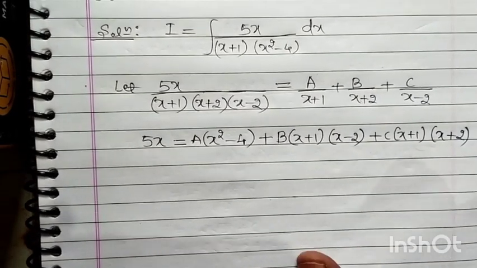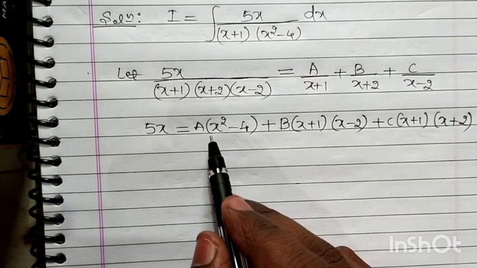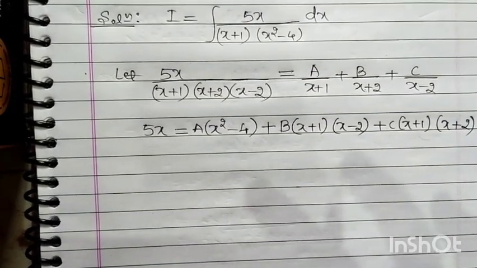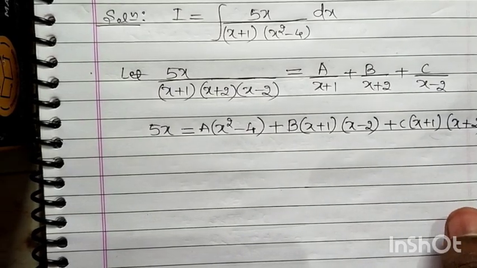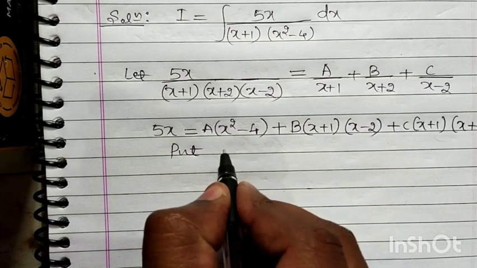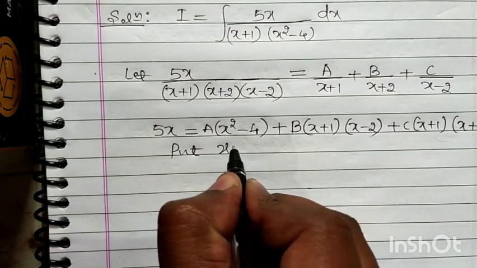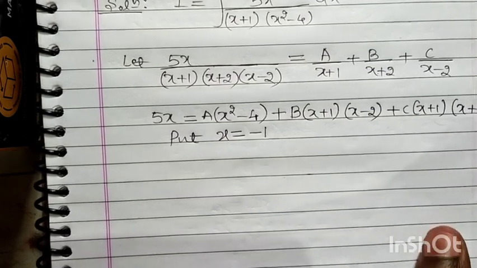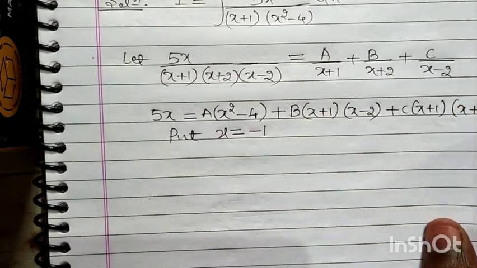So now we have to find the values of A, B, C. Let us go ahead with that. Put x equal to minus 1. So these two terms will be eliminated.